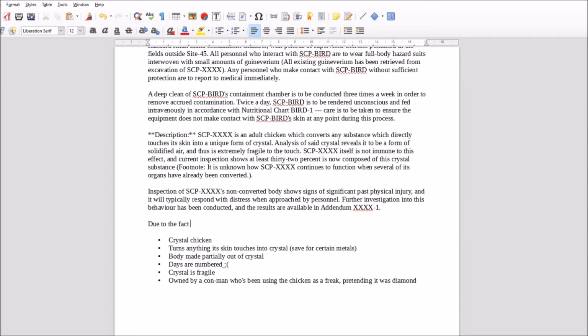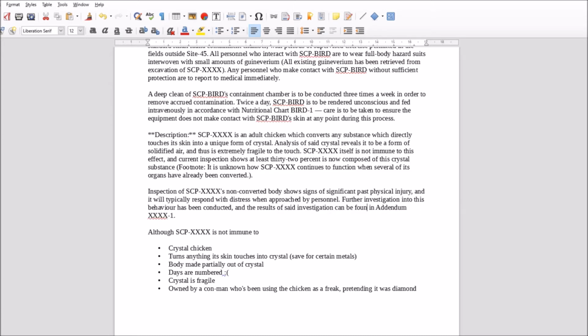Due to the fact that... Again, just nitpicky word stuff, but would it be better to write, the results of which can be found in the addendum, rather than are available in? Yeah, maybe.